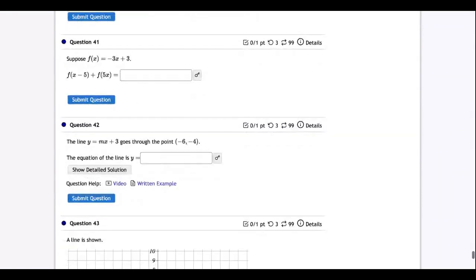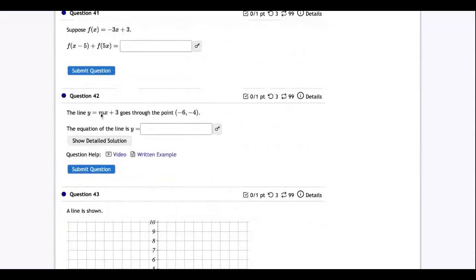The slope is unknown. We need to find the slope. We just plug in the values of x and y to find m.